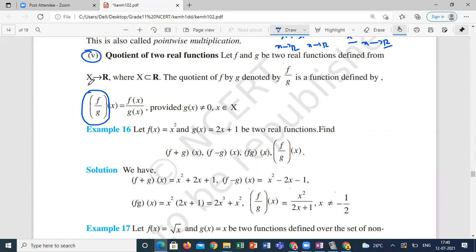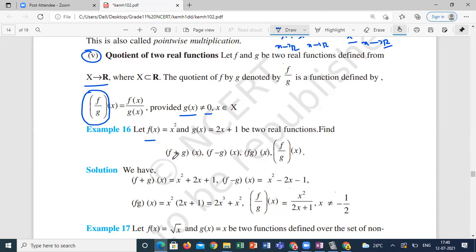Here also, f is defined from X to R and g is defined from X to R. So f by g is also defined from X to R, where g of x should not be 0. That denominator should never be 0. So it looks very easy. Only from a higher level point of view, these points will be discussed a little more elaborately. Suppose I give two real functions, if I am adding two functions, we just have to add both the functions.